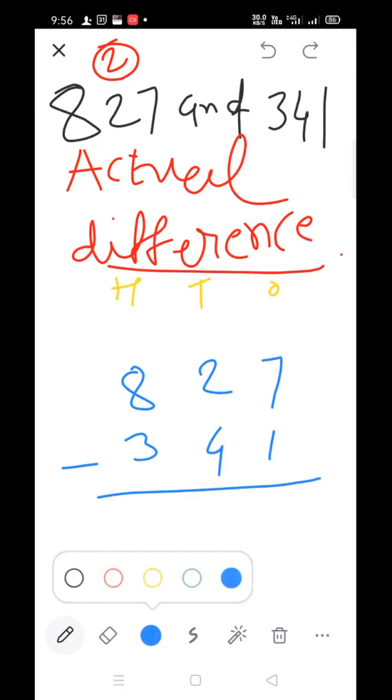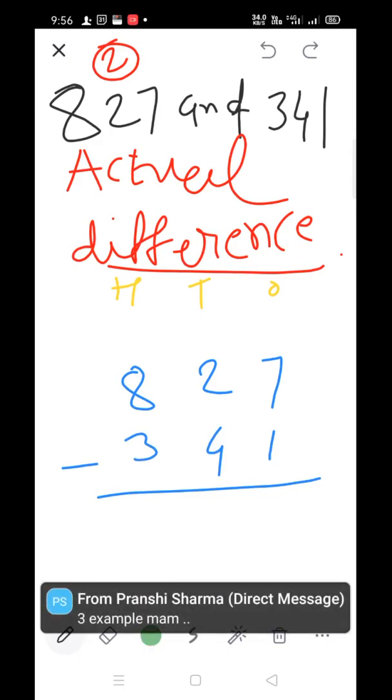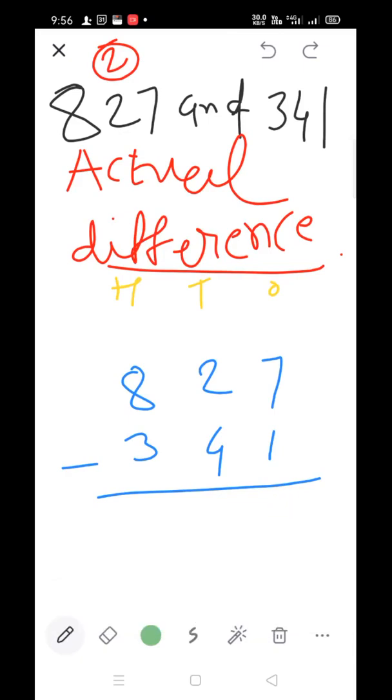Start the subtraction from ones place. 7 minus 1, 6. 2 minus 4, we cannot subtract. Yes, 1 borrow, 12 minus 4, 8. 7 minus 3, 4. 486.